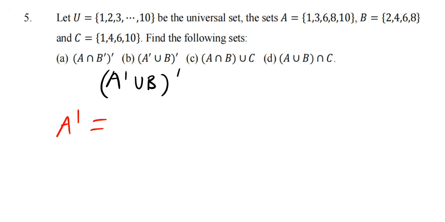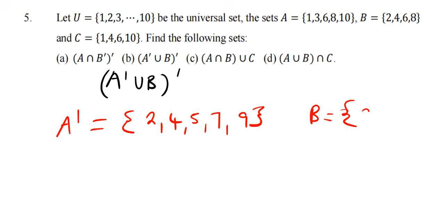So what are they? There's 2, there's 4, there's 5, there's 7, and there's what? Okay, A has 10, so there's 9 as well. So that is A complement. Then we're uniting this one with B. B is 2, 4, 6, 8.